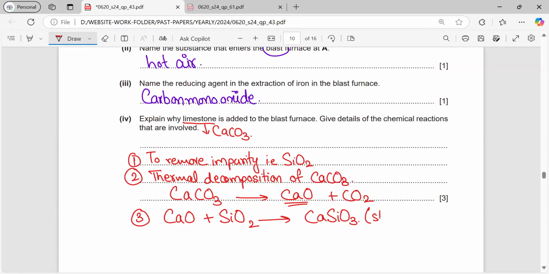Calcium silicate is a slag and is removed in the molten form from the bottom. So calcium oxide reacts with silicon oxide to form slag.